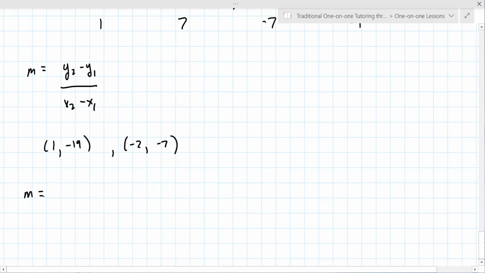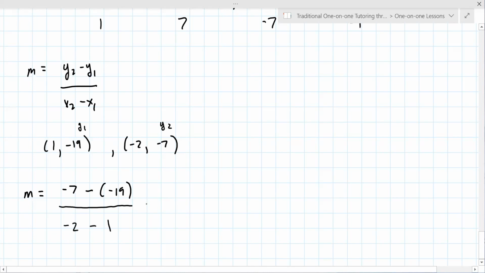When I ask you to find the slope, it's -7 minus -19. This is y2 and this is y1. Whenever it's negative and there's an operator, I tend to put it in parentheses. Does it just become positive, right? It would.